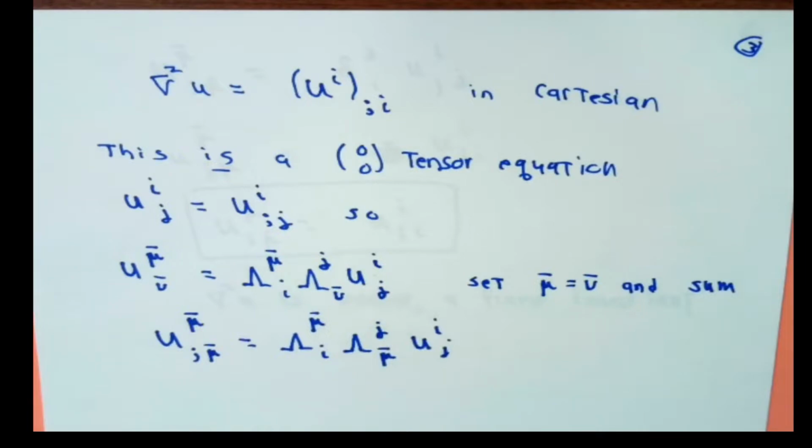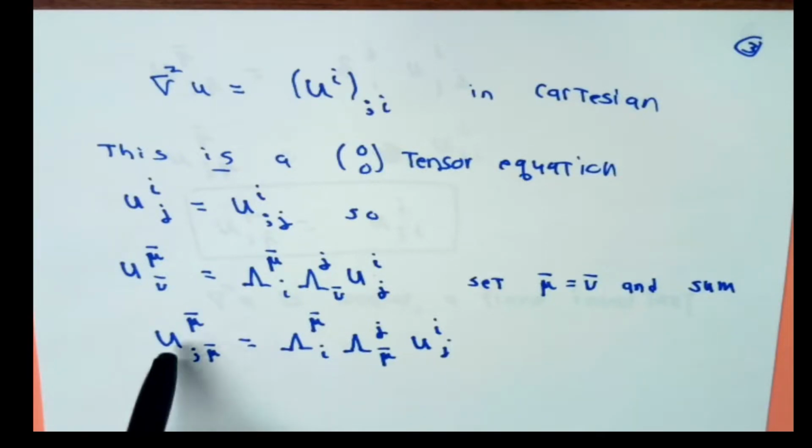Now, this is true in general, but I want to construct this sort of Laplacian looking quantity. So I'm going to set mu bar and nu bar equal to the same value and sum. I'm going to do a contraction. The way I've got it written here is I just replace the letter nu bar with mu bar.